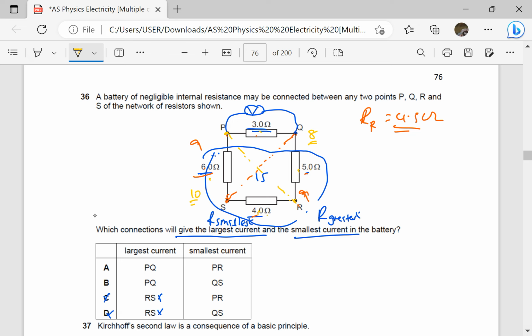Let's find total resistance. 1 over total is going to be 1 over 10 plus 1 over 8. I'm very certain this value is less than 4.5. So if the LCM is 80, 80 gives us 8 plus 10, so total resistance is going to be 80 divided by 18.